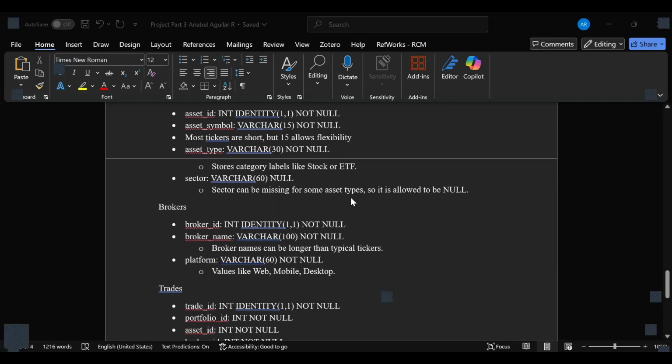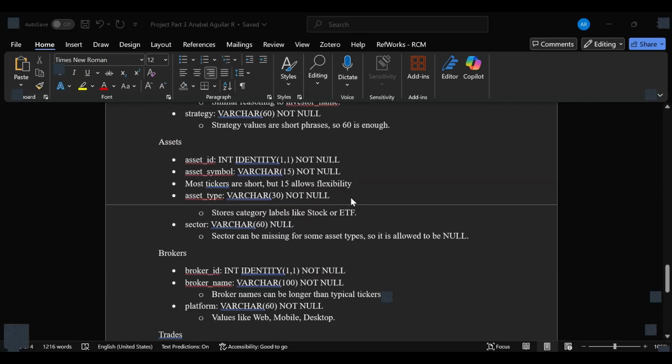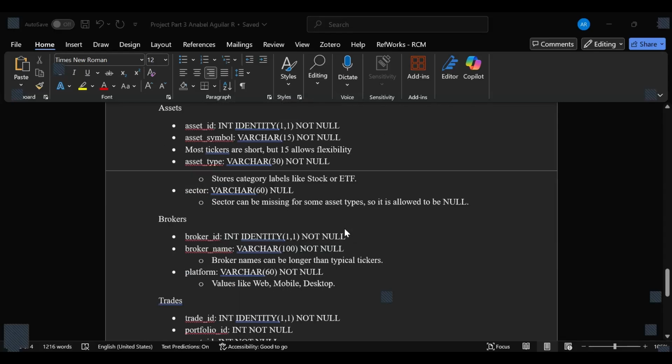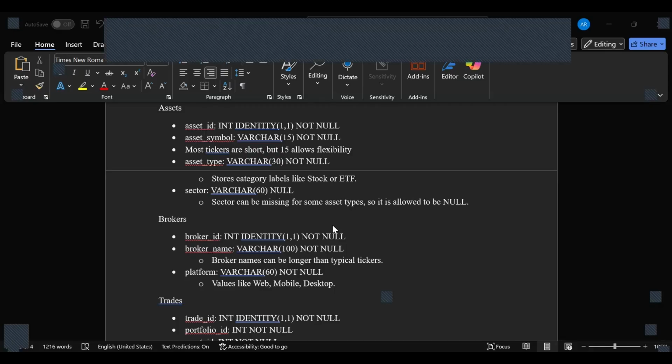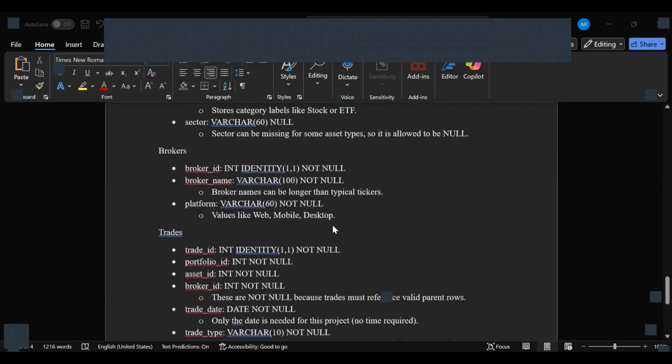And for this one, we allowed it to be null because maybe the sector can be missing for certain asset types, and that gives us that flexibility.